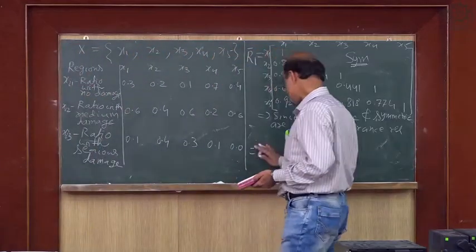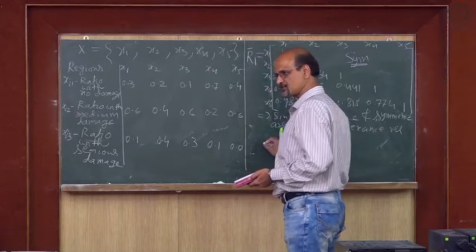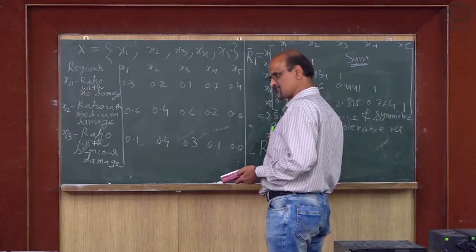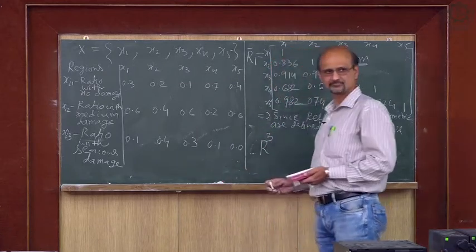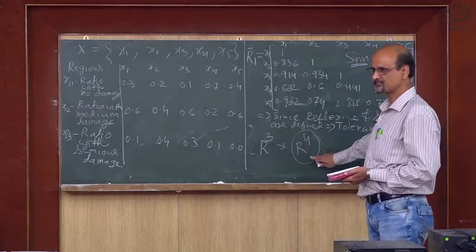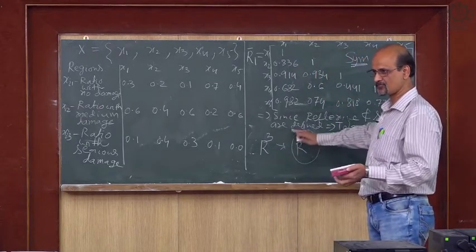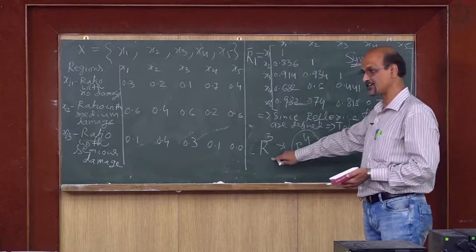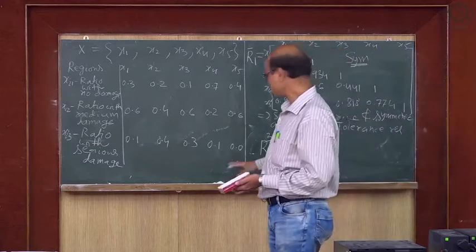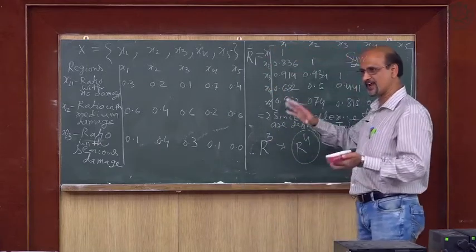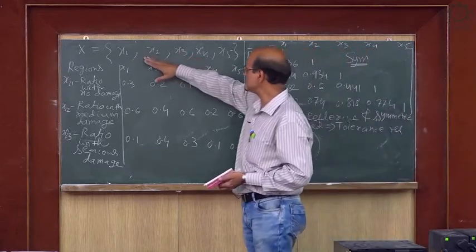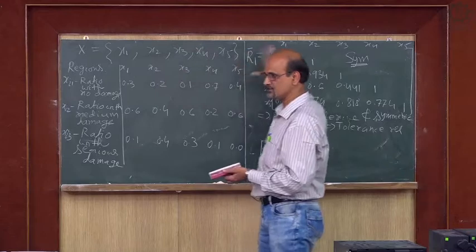So, you will see, when it will be composite, after how many? R4 or R cube, that you will see. R4. Okay. So, at this point you will get, I have not verified, you can verify. Okay. I think R3. Okay, you check R3 or R4. So, then it will be an equivalence relation, and that way it can categorize these buildings region to region.